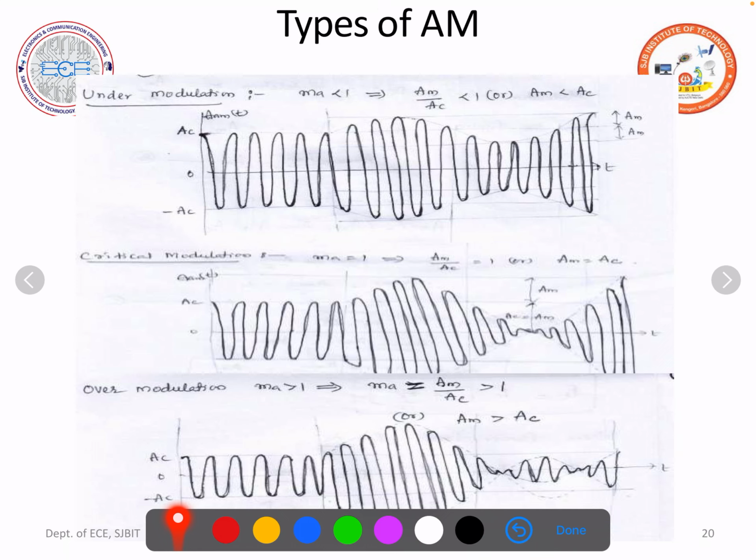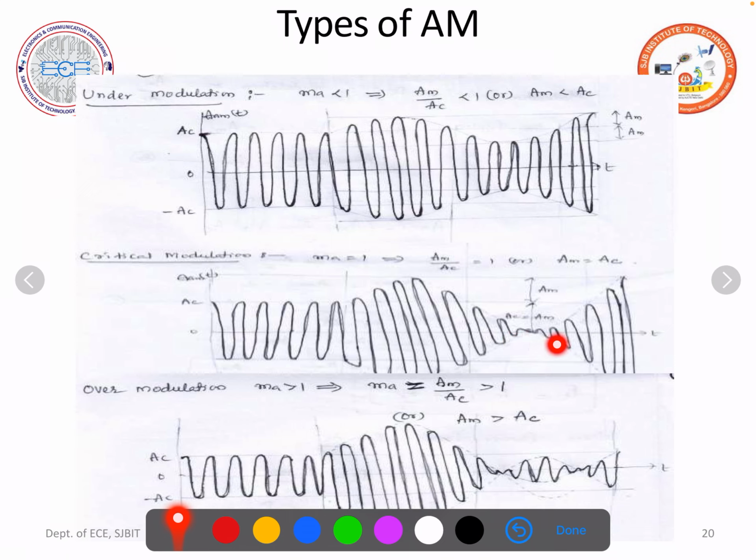So how does the waveform look when we have different modulation indexes? In the under modulation case, when ma is less than 1, you can see a mere modulation taking place, variation in the amplitude. Whereas in the critical modulation, when it is equal to 1, you can see there is a flat line when you have a minimum amplitude.